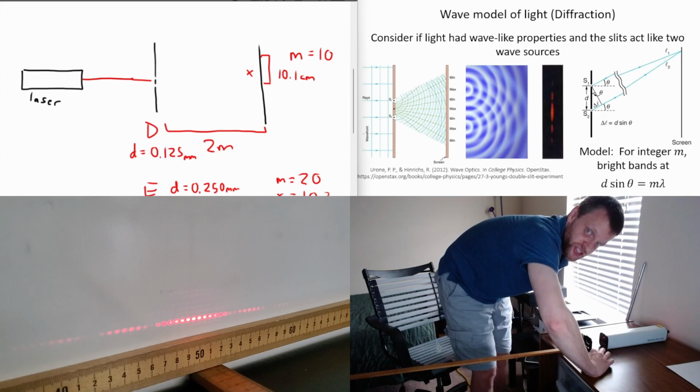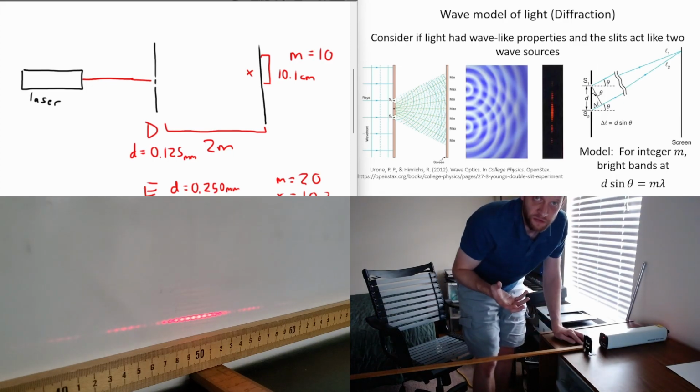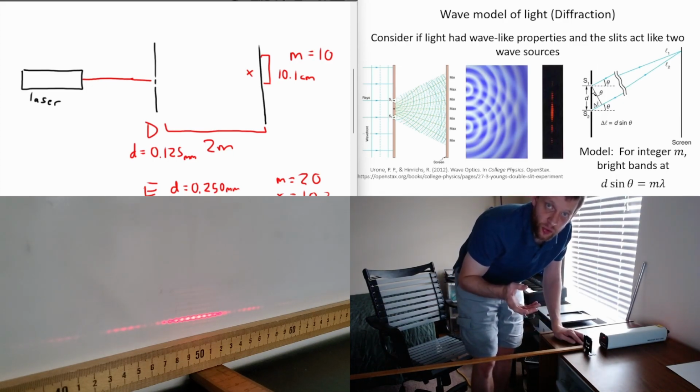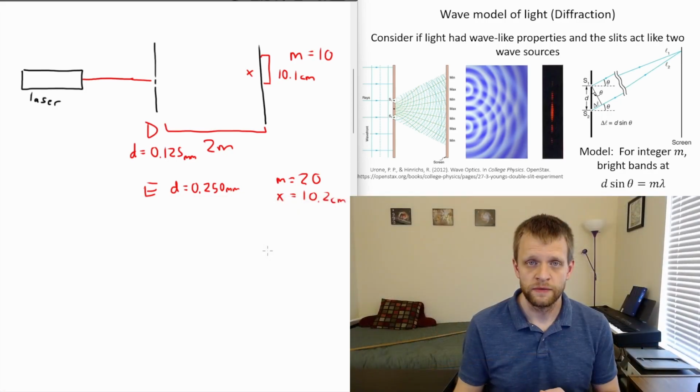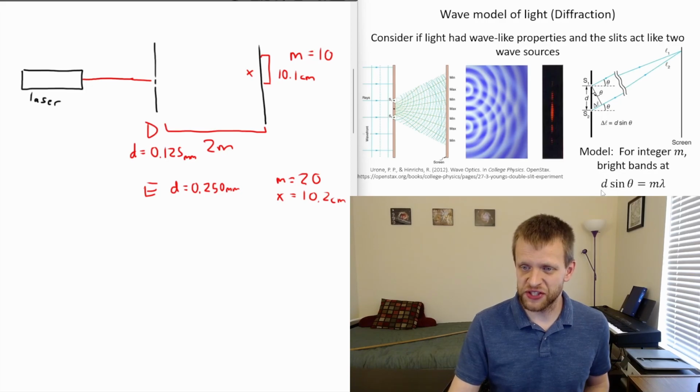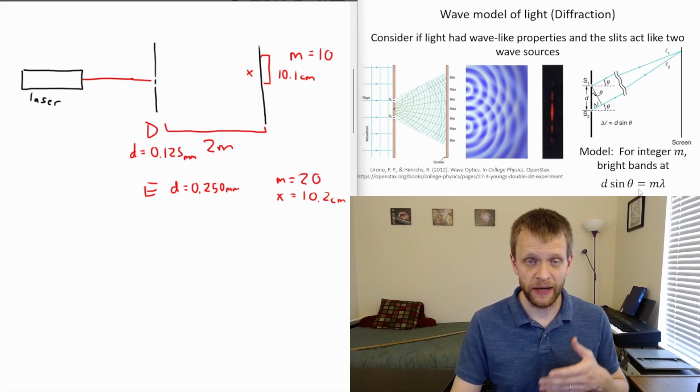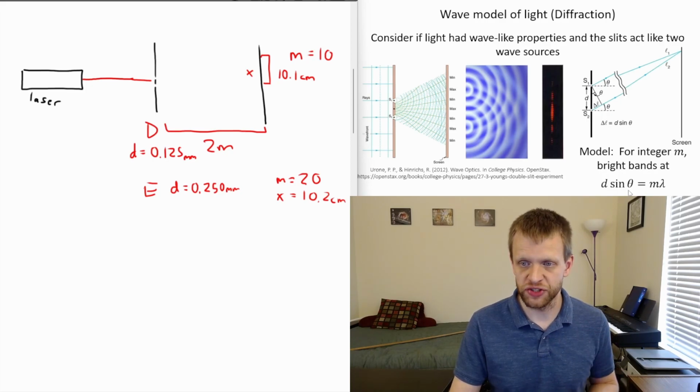And that matches what the wave model of light would have predicted, but let's see if we can go into this in a little bit more specific measured detail. Let's see if we can put this particular model to a more specific test by putting particular numbers in here.